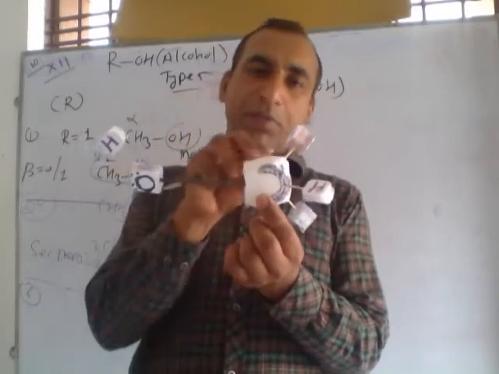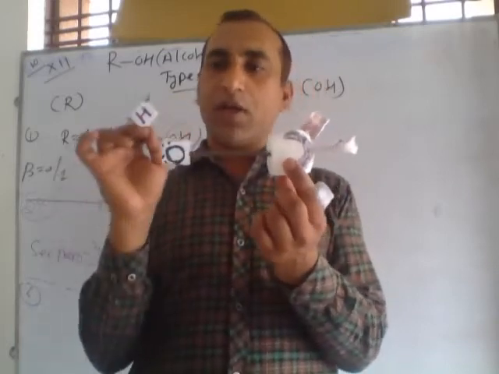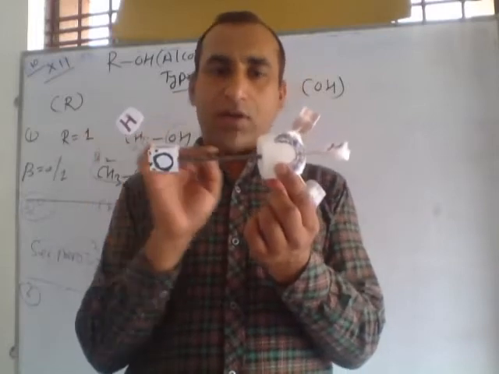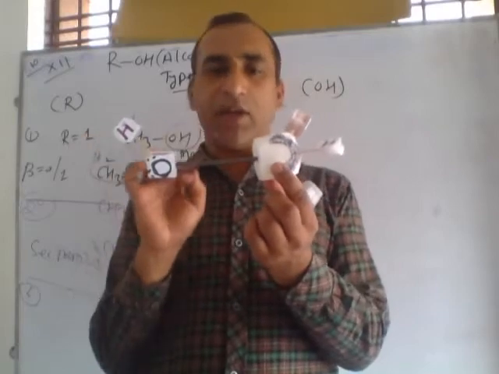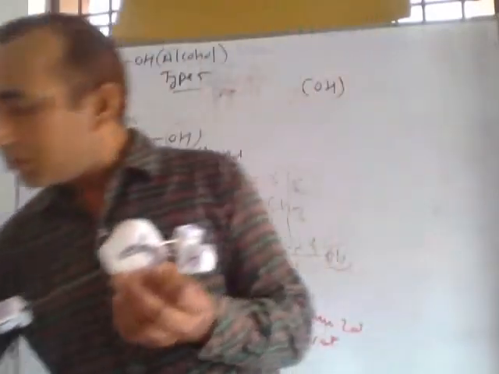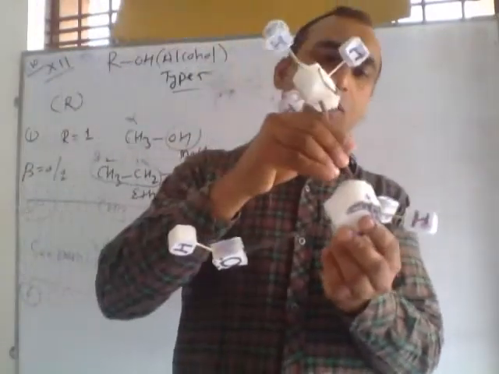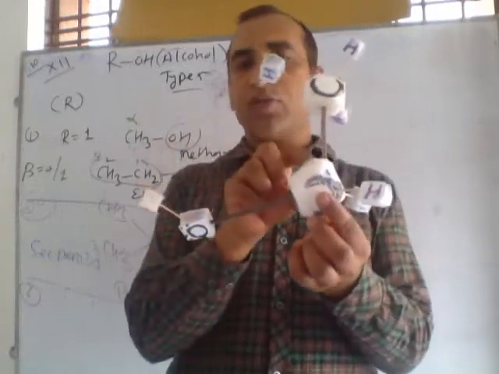Otherwise we can say this is methyl alcohol. Here, due to presence of lone pair, the bond between carbon, oxygen and oxygen, hydrogen is folded with some angle, not straight line. If we replace this hydrogen by CH3 group, so this becomes CH3, CH2 and OH.